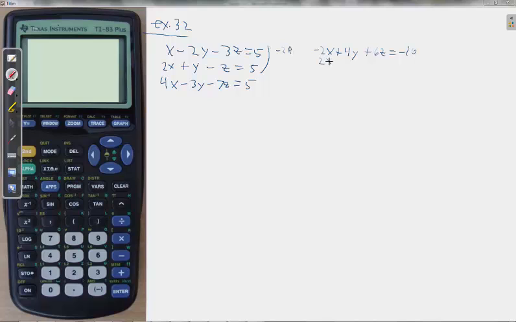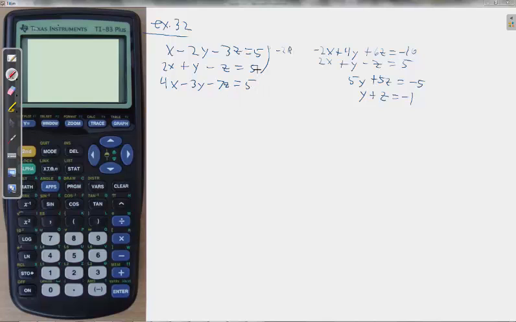Then we got 2x plus y minus z equals 5. So that would get me 5y plus 5z equals negative 5, or y plus z equals negative 1, dividing everything by 5.